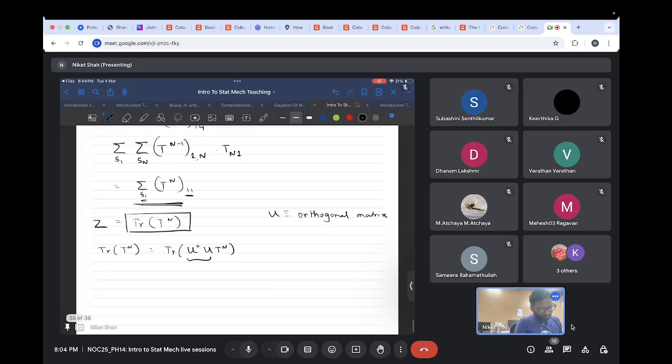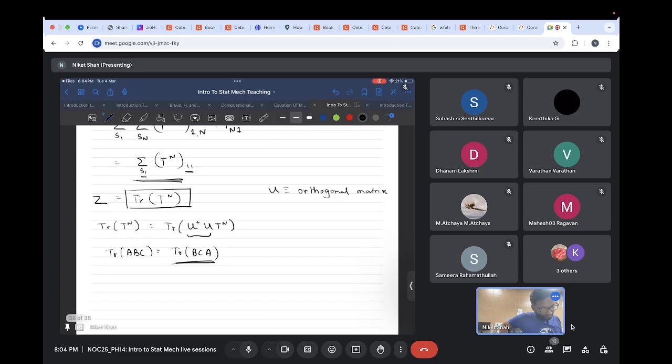And because trace is cyclic, basically trace A, B, C is also equal to trace B, C, A, and trace C, A, B. So what exactly we do here is, that's why this trace also is equal to trace of u t raised to power n u dagger.